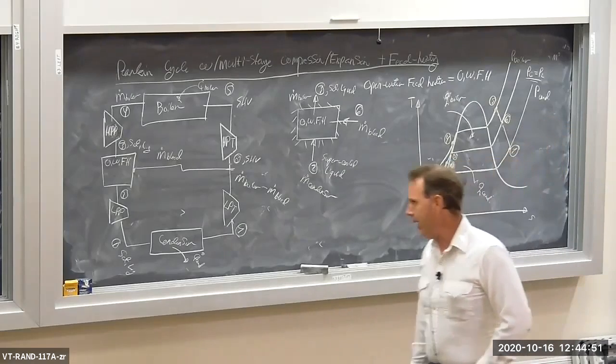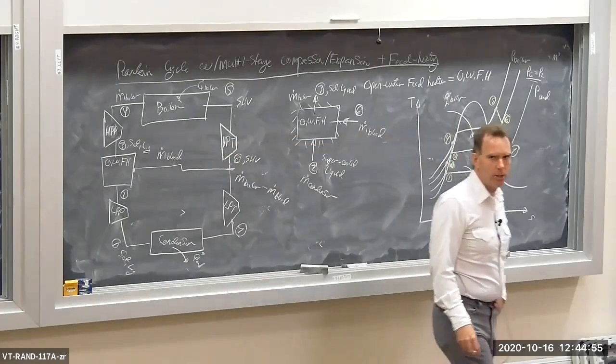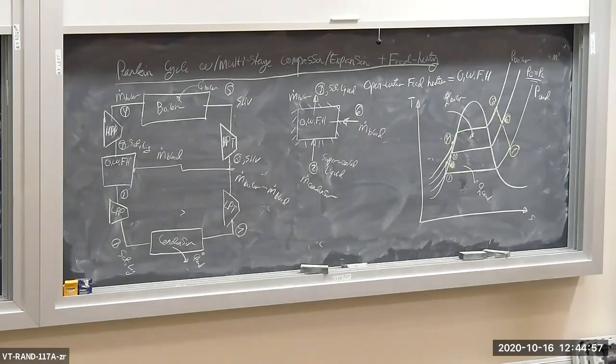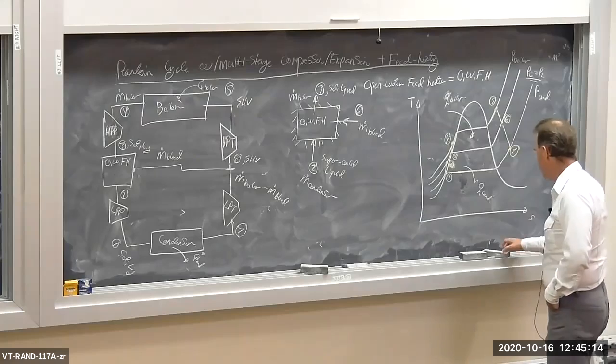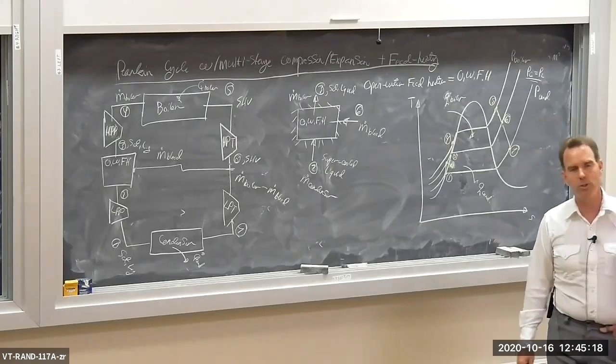Okay? Now, open water feed heating is not as amazingly successful as regeneration in the Brayton cycle. In the Brayton cycle example that we did previously, a lot of the heat rejected in the atmosphere could be reharvested or regenerated, and if you go back and look at the example with regeneration, we had a significant increase in efficiency of the cycle.